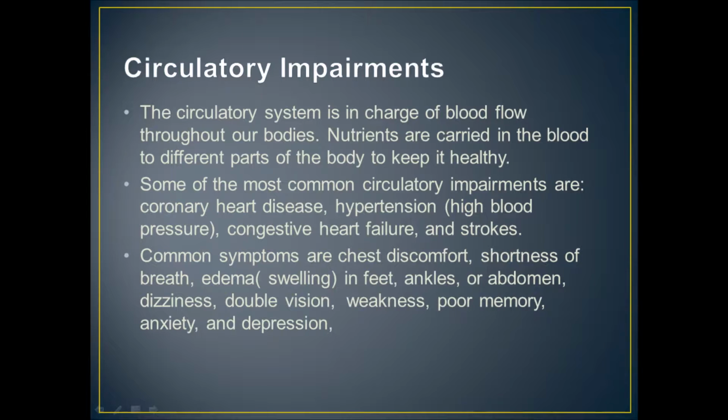Common symptoms are chest discomfort, shortness of breath, edema, which is swelling, and it often occurs in the feet, ankles, abdomen. There's also dizziness, double vision, weakness, poor memory, anxiety, and there's often depression that comes with it.